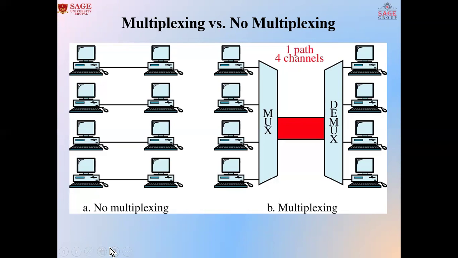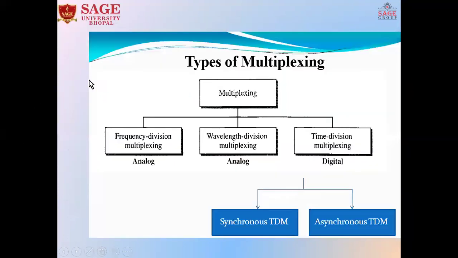But using multiplexing, we can send multiple signals through the single transmission media, and we can receive the multiple channels' data through a single transmission media, and it will be transmitted to the multiple channels through the single path. So this is the basic difference between multiplexing and non-multiplexing.